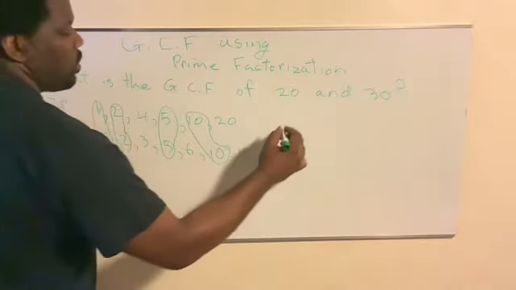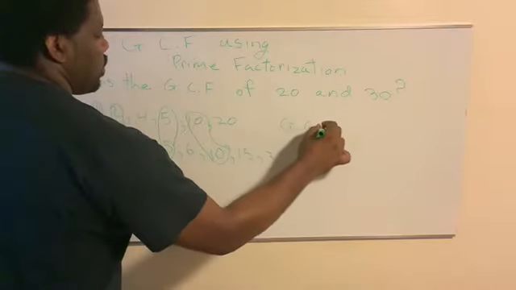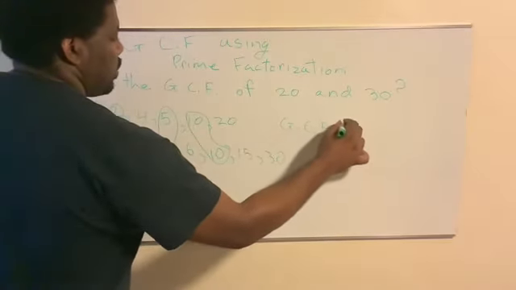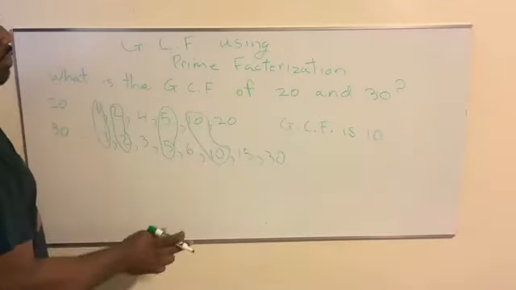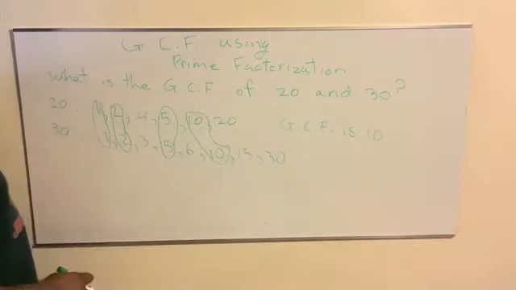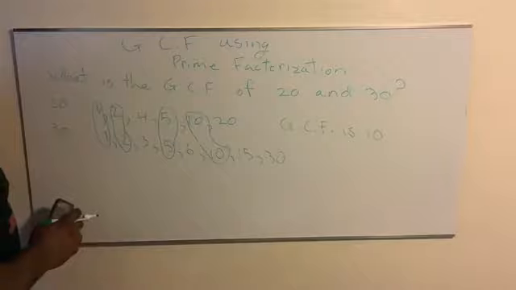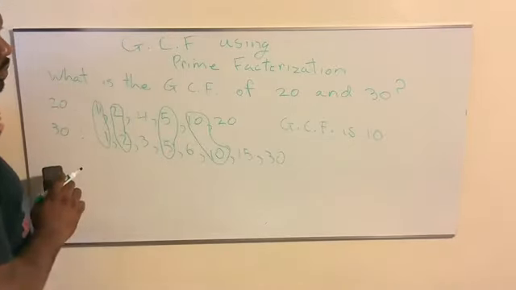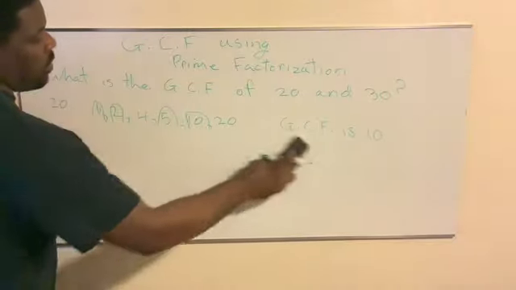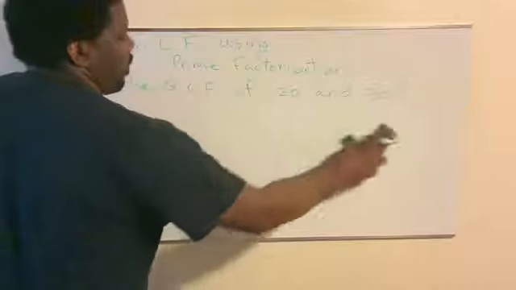So the GCF is 10. So 10 is the biggest factor I can divide both 20 and 30. Now, this method is listing all the factors. Now, sometimes this is tedious because if we leave out a factor, we end up in problems. Now, with prime factorization, we do not have to list all the factors.